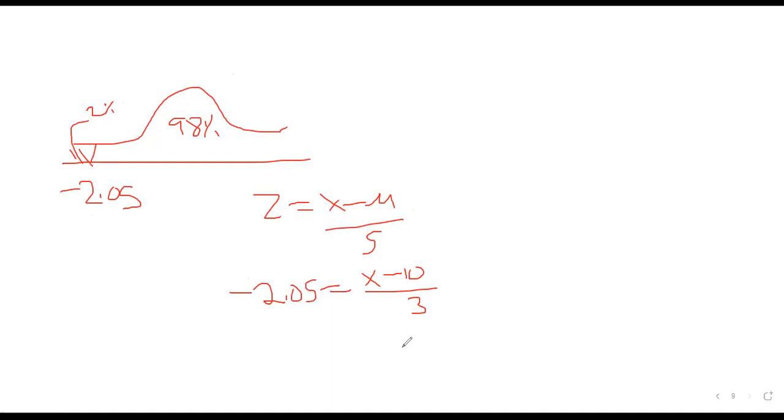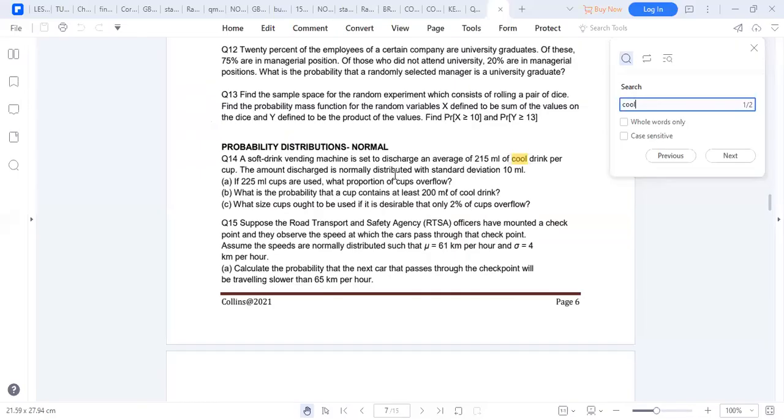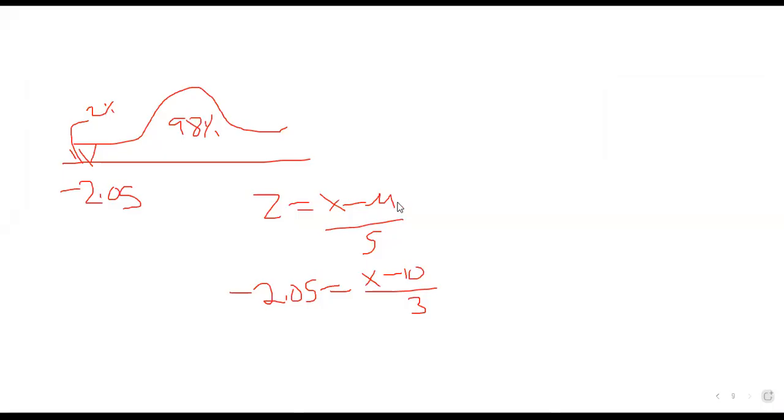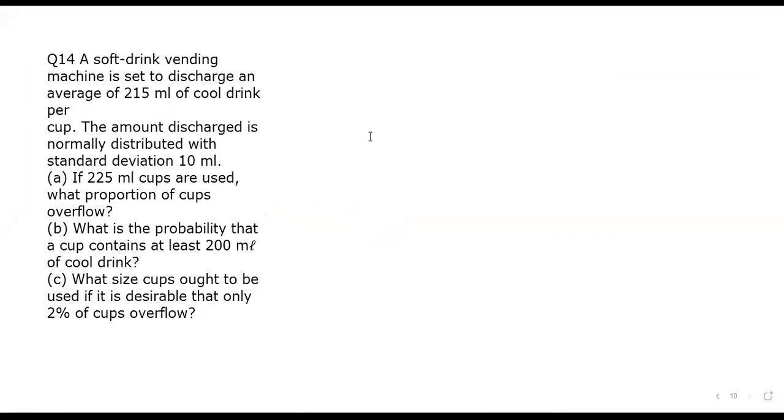So let me take you to an exam type question and see how the questions come. I've shared this revision kit with you, and this will be your homework. So let me just quickly guide you through from what I've taught you. We're given a question, for instance: a soft drink vending machine is set to discharge an average of 215 mils with a standard deviation of 10 mils. So what are we given?